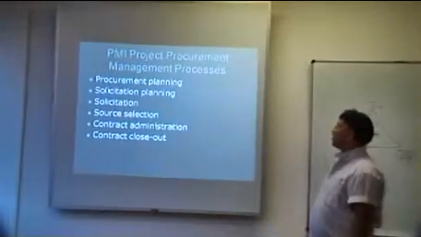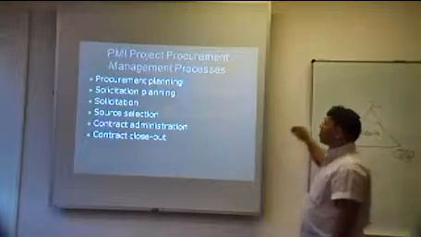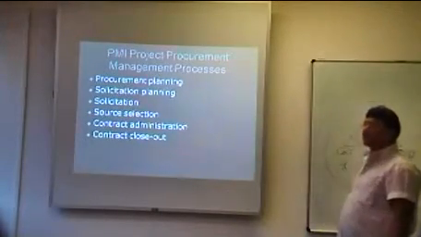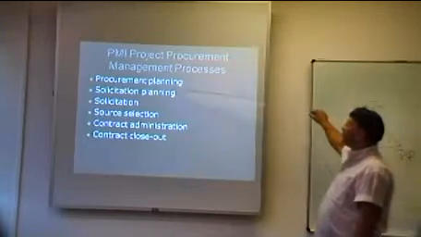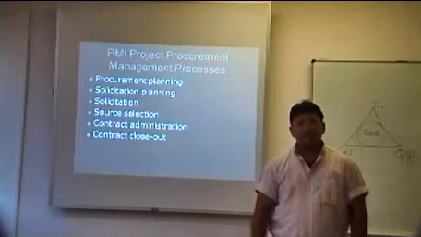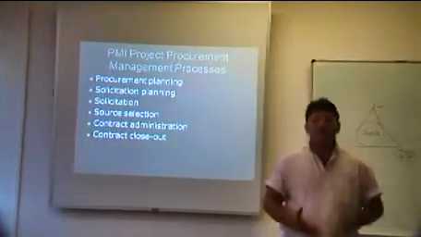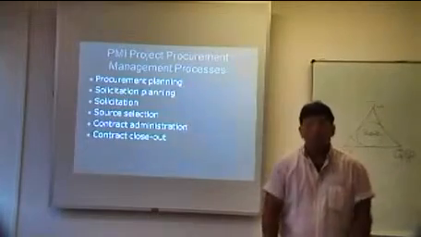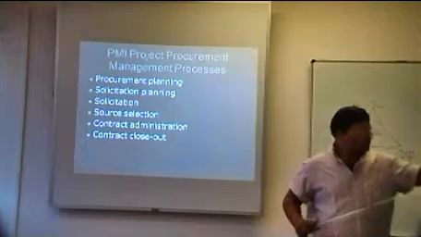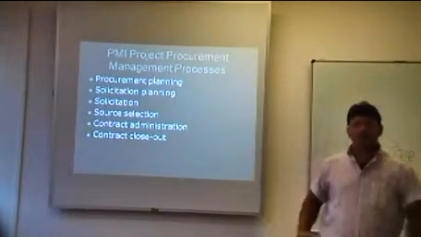From the PMI process, Project Management Institute, procurement has the following sequential processes. First of all, procurement planning. Obviously, you need to plan for procurement. You can't just go and procure. You must plan for it. And when you plan for procurement, you ask yourself the following questions: whether to procure, what to procure, when to procure, and how to procure.